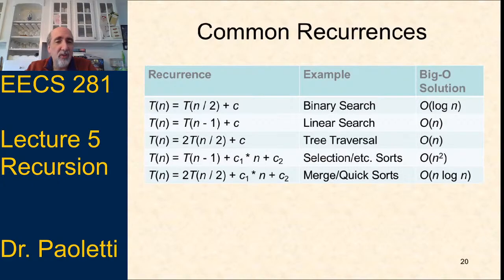Then the next one, T of n equals T of n minus 1 plus c1 times n plus c2. So there's a non-constant amount of work after the recursive call. I reduce the size of the problem by 1, but I still have n work to do. This is something like selection sort, where I say, let's find the smallest element out of all n, swap it with index 0. Of the remaining n minus 1, find the smallest one, swap it with index 1.